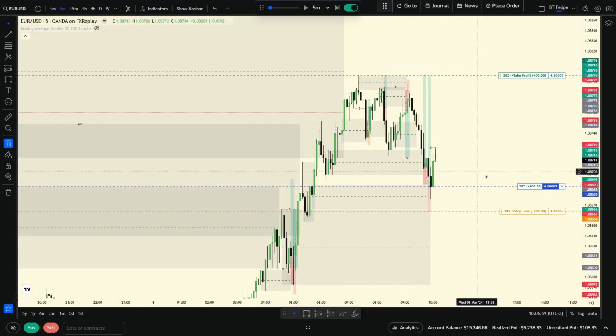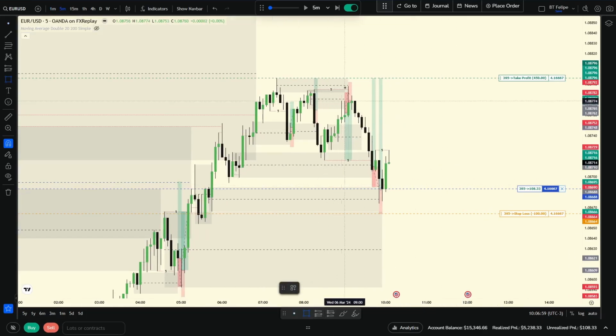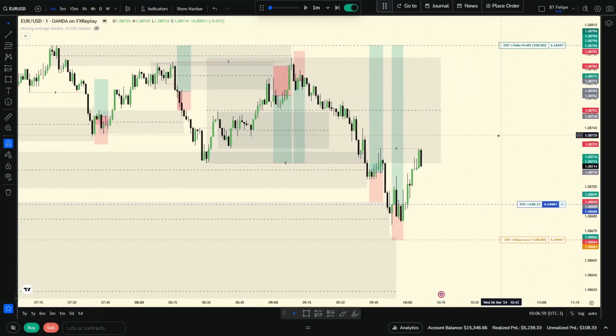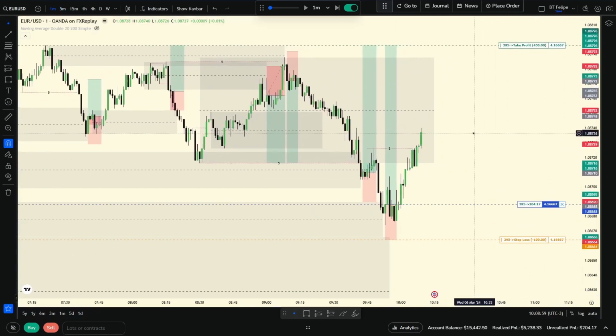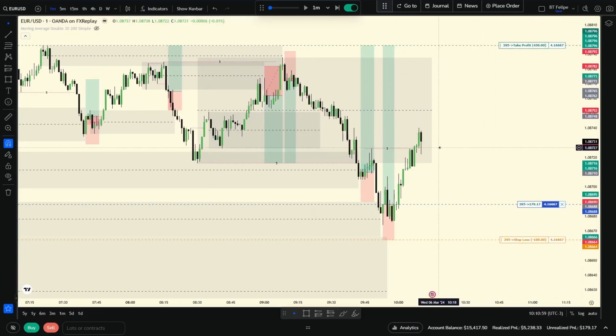There's the M5 manipulation. There were medical highs, but that is the M5. Now the problem is the POI.